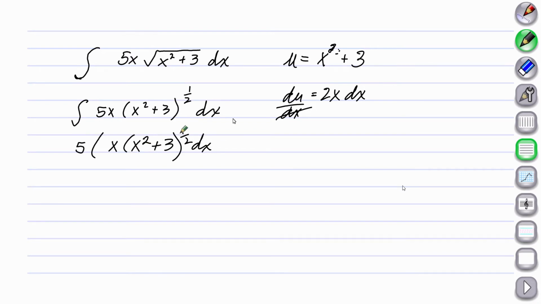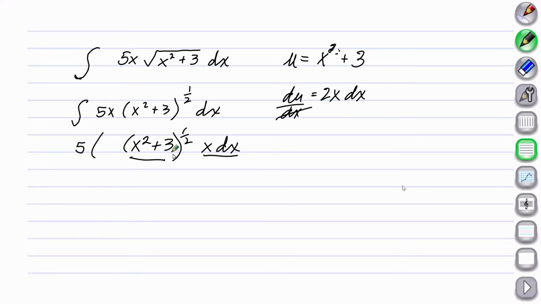Okay, so we're close to that. Let's actually rewrite it this way. Sometimes I like to do this. This is our du part here, and this is our u part here.